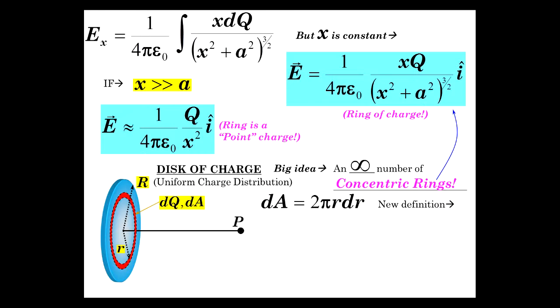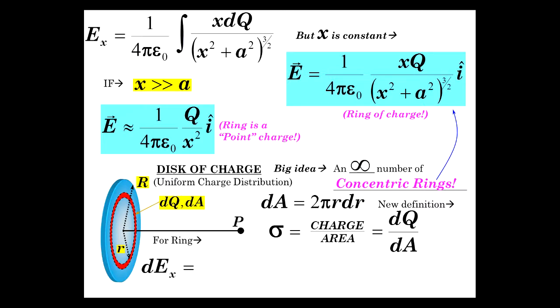Now check out surface charge density, sigma, which is charge per area instead of charge per length. So that's dq over dA. The differential charge over the differential area would be sigma. That's going to be nice. For the ring then, we have differential E in the x is k x dq over (x squared plus a squared) to the 3 halves. That's the differential Ex.